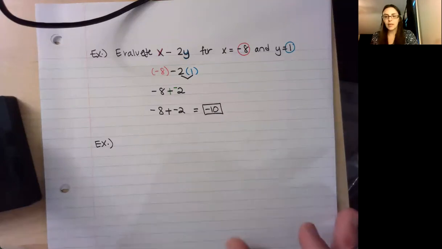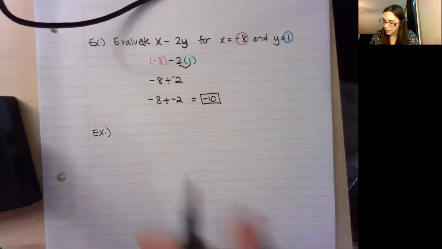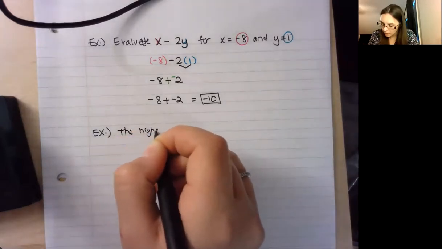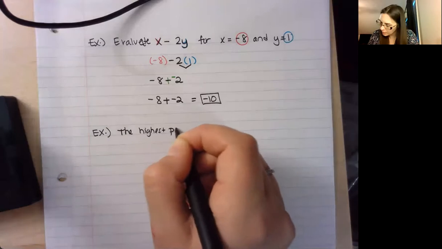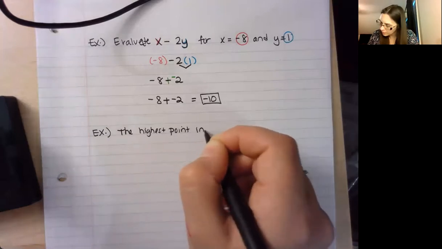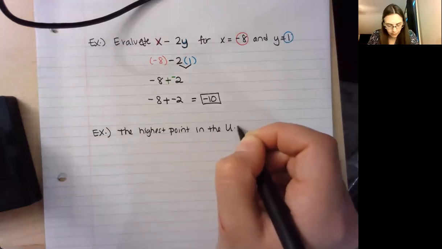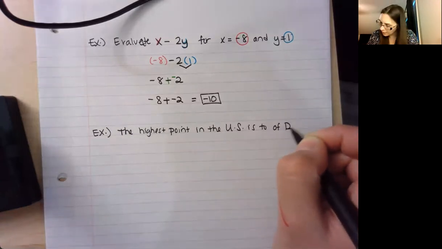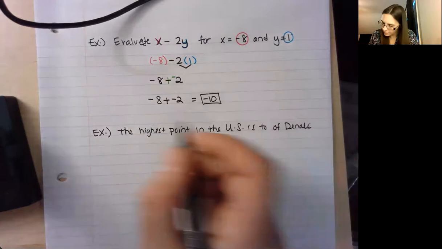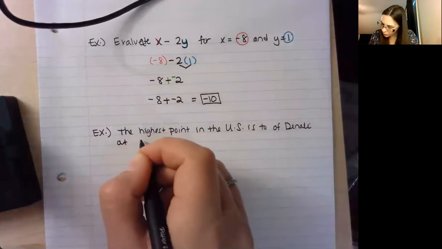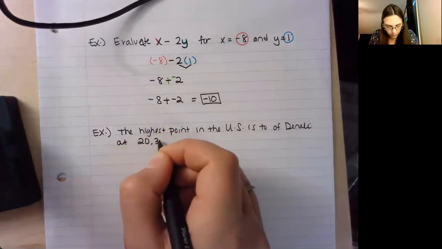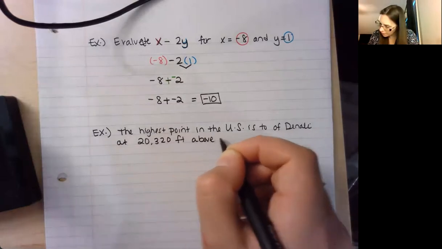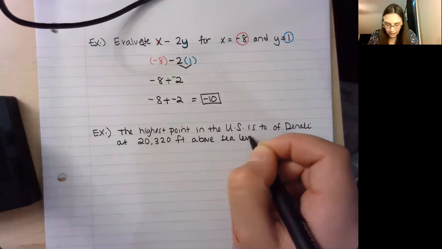All right, I want to do one last example here and just do an application problem. So we have the following. The highest point in the US is the top of Denali at a height of 20,320 feet above sea level.